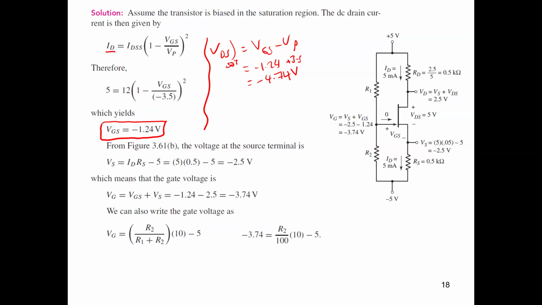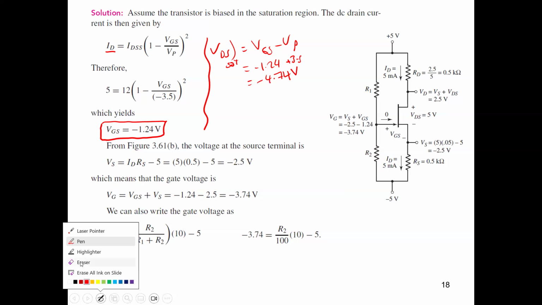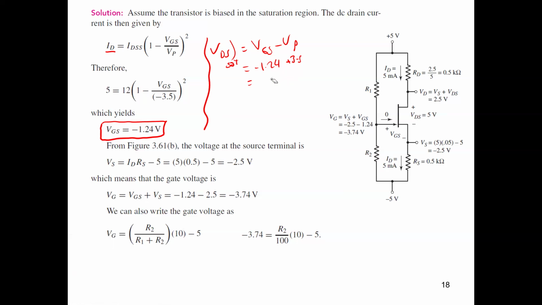So minus 1.24 plus 3.5. So it's 2.26 volt. So we have now VDS, which is 6 volt, greater than VDS saturation, which means we are working right in the saturation region. Okay, this is just to be sure that our assumption is correct.